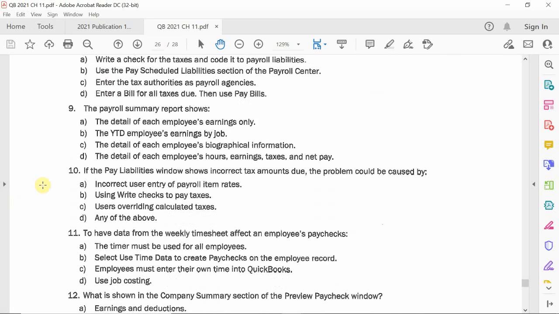Yeah. Okay. Number 10, if the pay liabilities window shows incorrect taxes amounts due, the problem could be caused by.